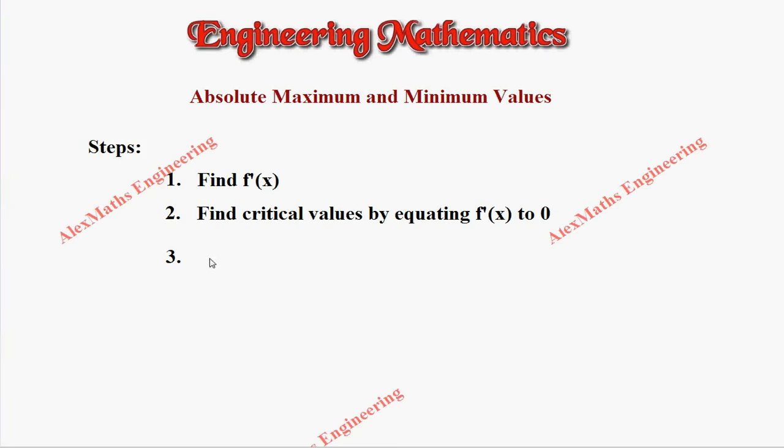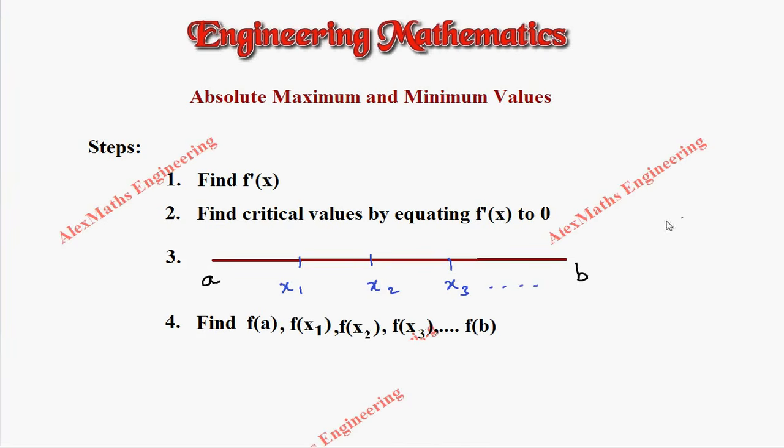In step 3, take a small number line using the given closed interval along with f of x, and plot all the critical values in between these two extremes a and b. Step 4: find the function value for all these values.